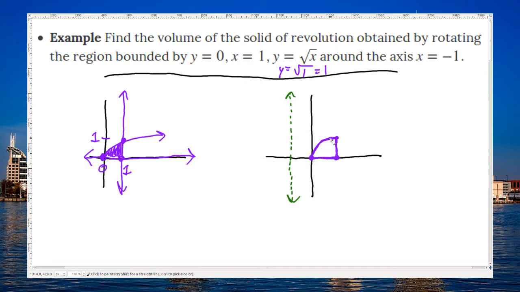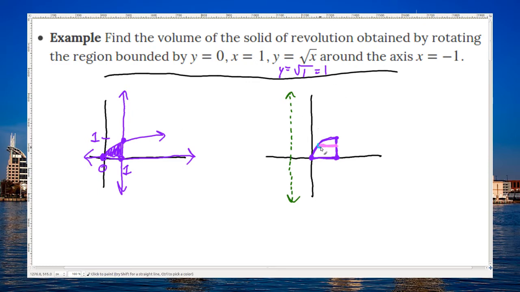To do the washer method for a vertical axis, instead of drawing a vertical line, we draw a horizontal line. All right, so I will just leave that horizontal line here. And instead of drawing the washer, I just need to label its inside and outside radii.